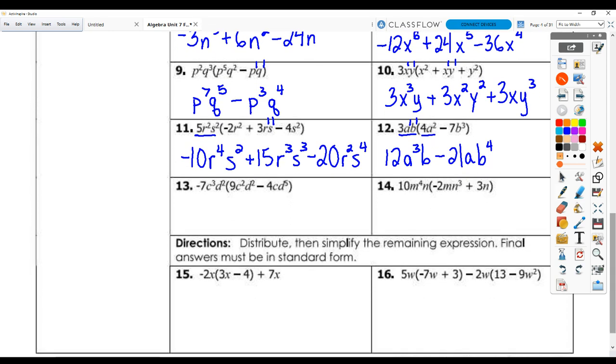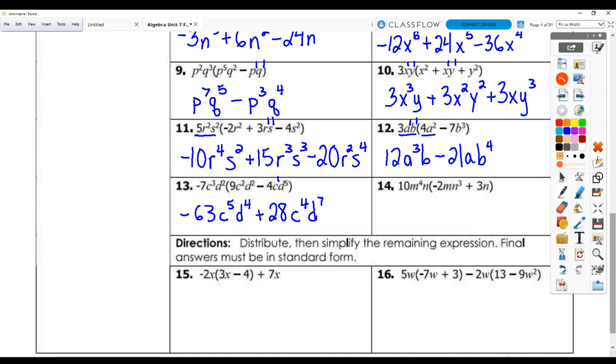So negative 7 times 9 is negative 63. C to the 3rd times c squared is c to the 5th. D squared times d squared is d to the 4th. Negative 7 times negative 4 is positive 28. C to the 3rd times c to the 1st is c to the 4th. D squared times d to the 5th is d to the 7th.